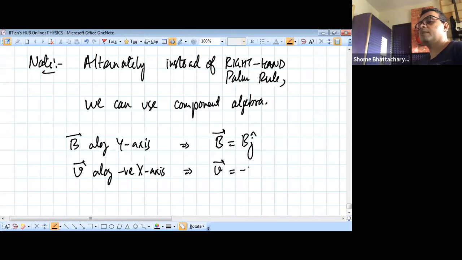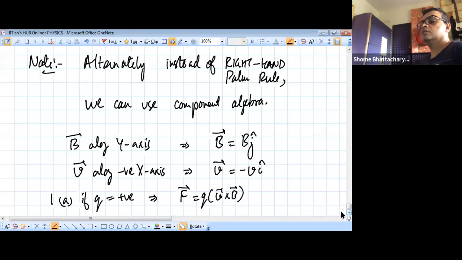So we can write the velocity as minus v i cap. In the first case, if q is positive, the force is q into v cross B. This will become q into minus v i cap cross capital B j cap.